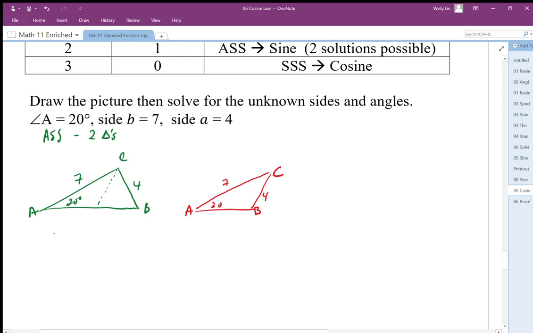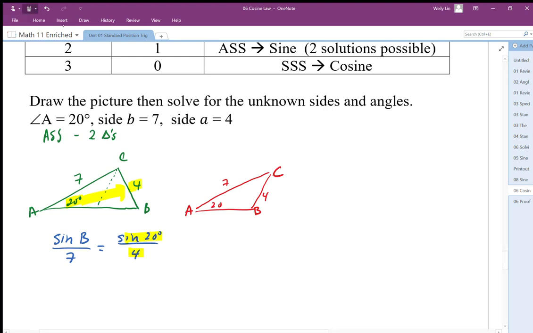So using sine law, I'm going to go sine B over side 7, and the known angle-side pairing is 20 degrees and 4. There's my angle and opposite side pairing, so I can set up a known ratio and compare everything else to that known ratio.